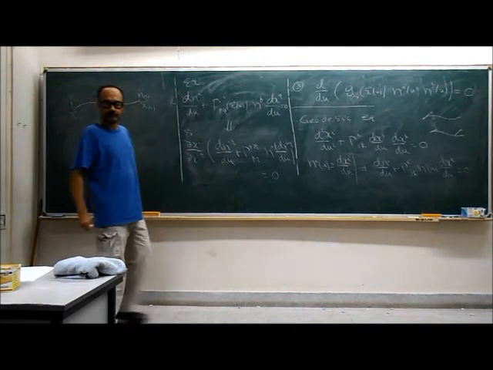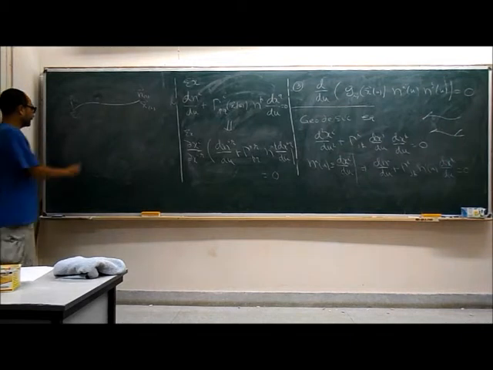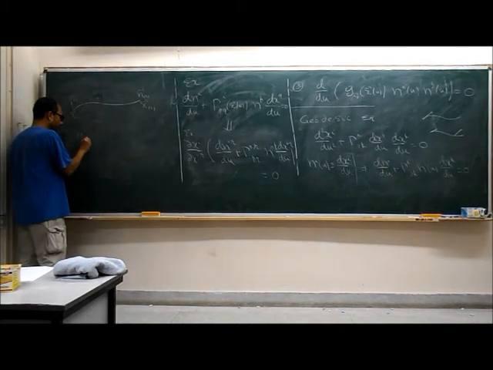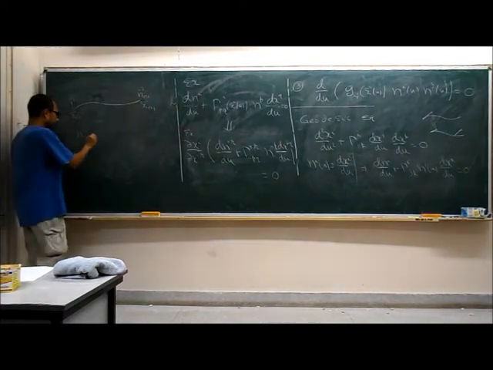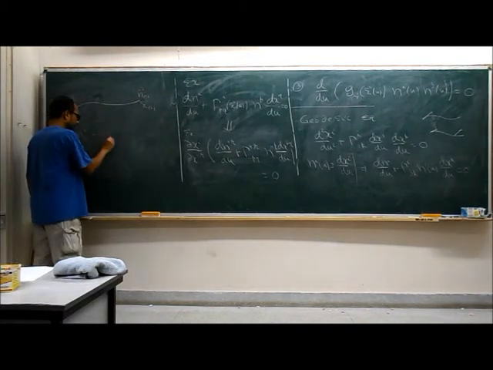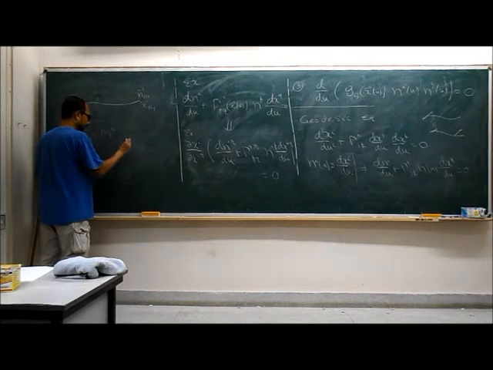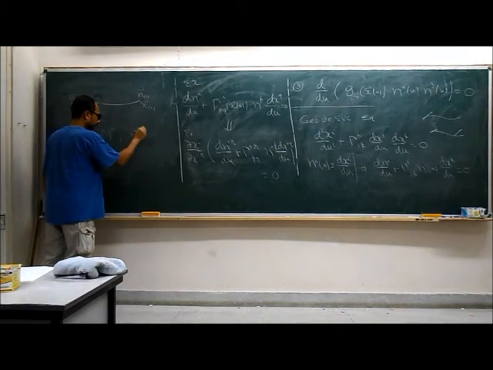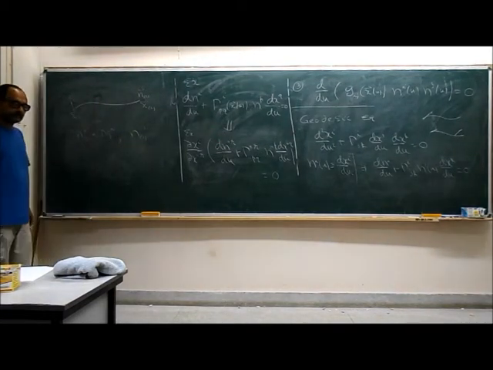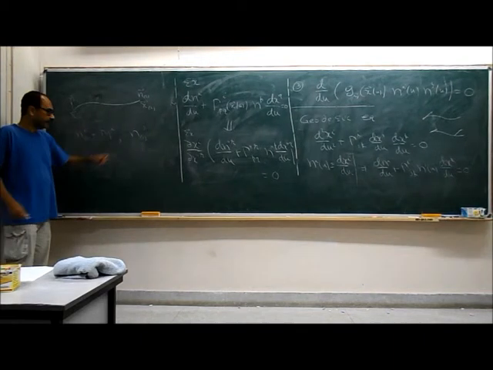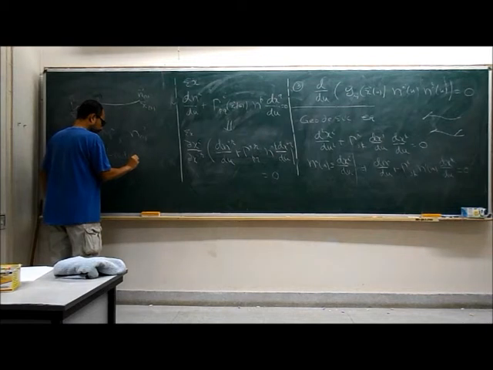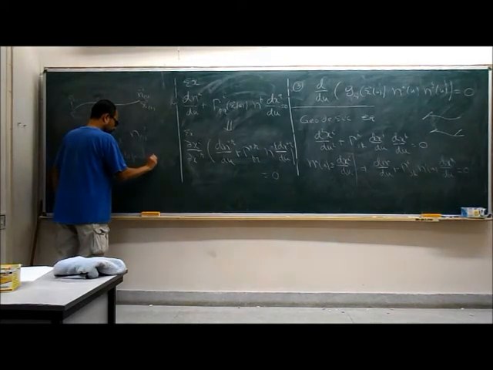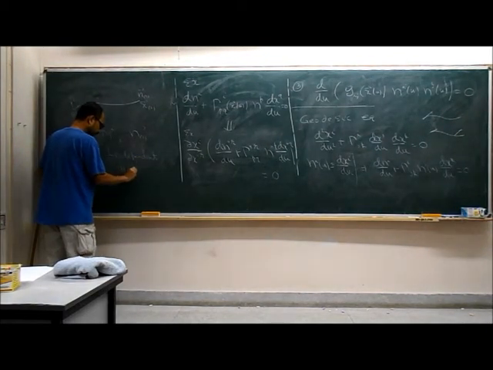So this can be formalized by saying that n2^i must have the form M^i_j n1^j, some matrix times n1^j, but this matrix is independent of n1 and n2.